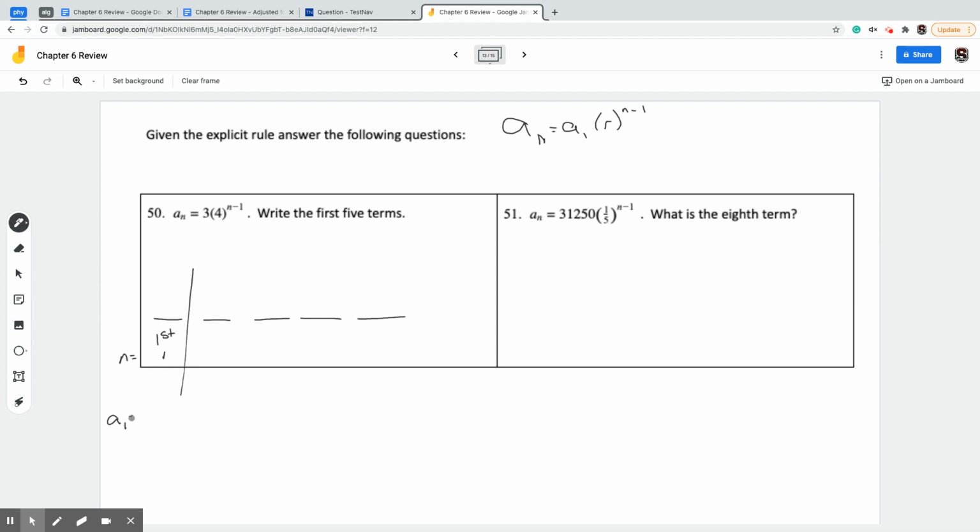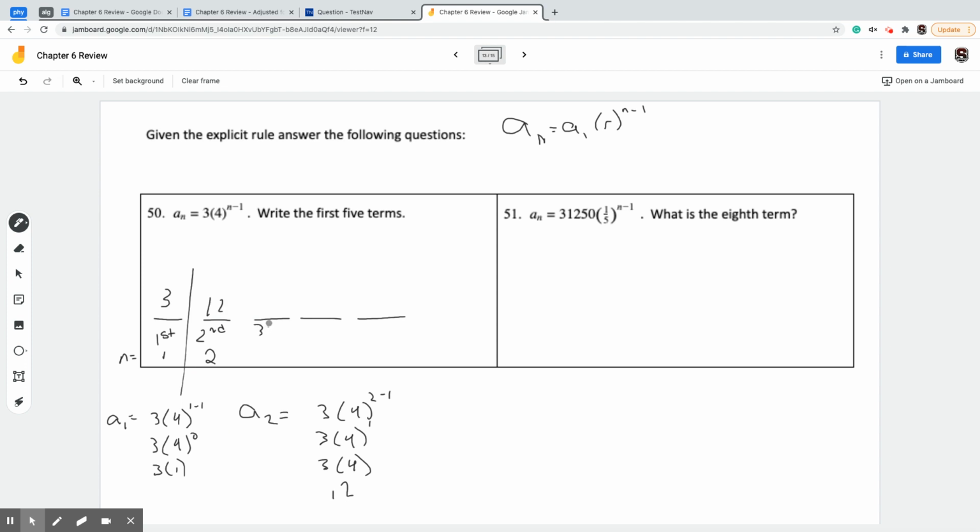A sub 1 equals 3 times 4, putting in a 1 minus 1, 3 times 4 to the 0, 3 times 1, 3. And this is my second term, which means n equals 2. A sub 2 equals 3 times 4, 2 minus 1, which is 3 times 4 to the first, which is 3 times 4, which is 12.